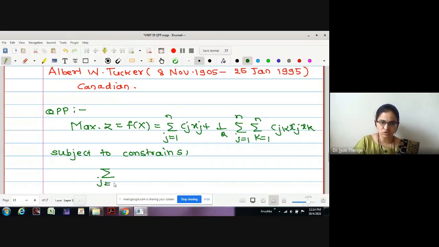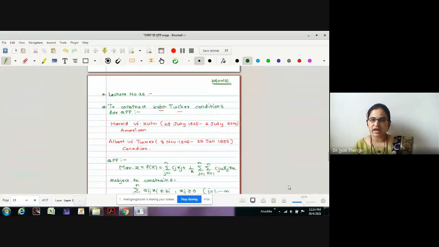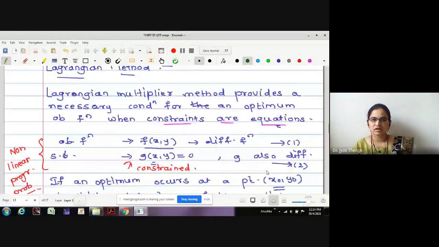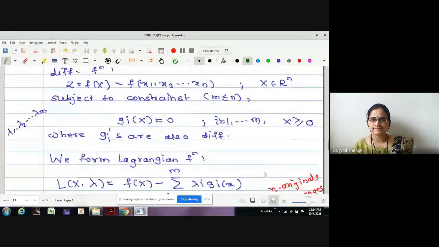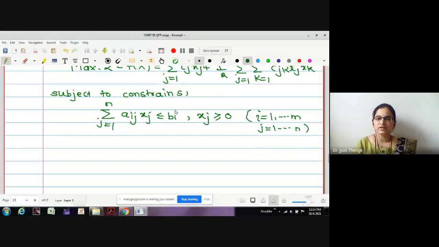Summation j equals 1 to n of aij xj less than or equal to bi, and xj greater than or equal to 0. What are the values of the parameters? i running from 1 to m and j running from 1 to n. M constraints and n variables, for i equals 1 to m, j equals 1 to n.